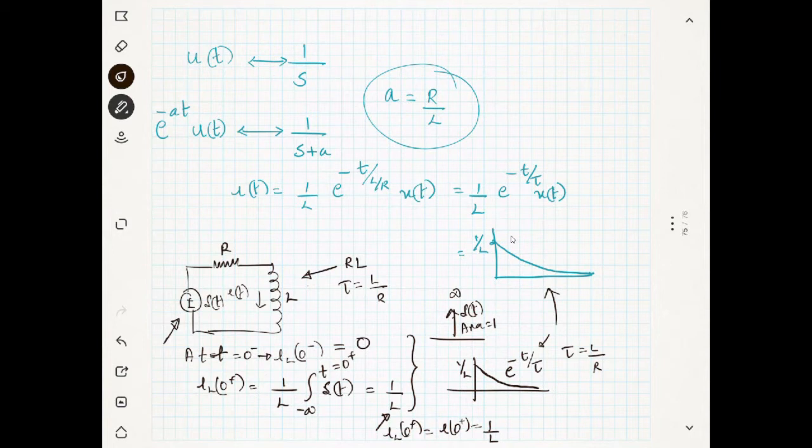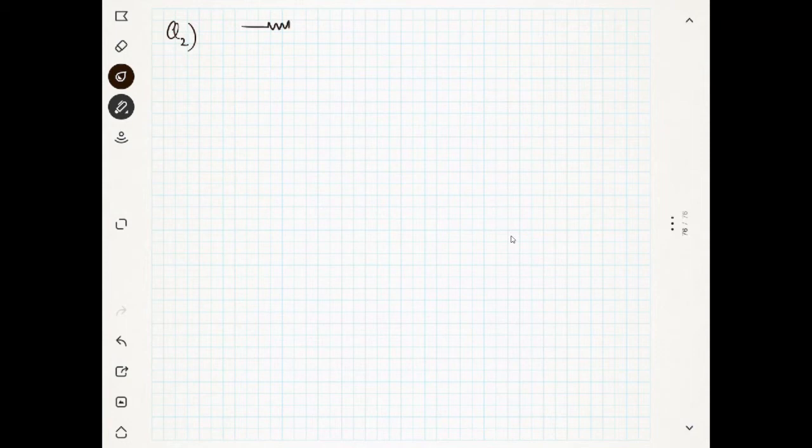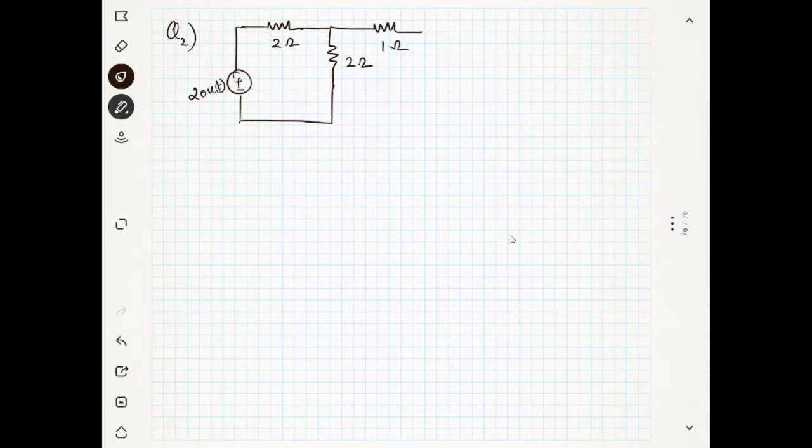Okay, so now the next question, number 2. This is a 2 ohm resistance and a 2 ohm resistance, with a source of 20 times u of t, and a 1 ohm resistance and a 1 farad capacitor.